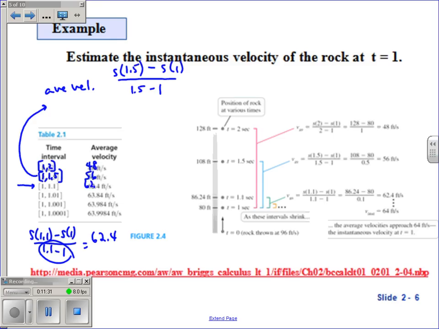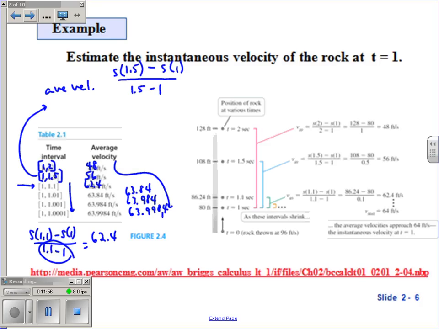Okay, so now look at what these values are doing. As this interval gets smaller and smaller, that second number is getting closer and closer to 1, and here we've got 63.84, 63.984, 63.9984. What are these average velocities getting closer and closer to?